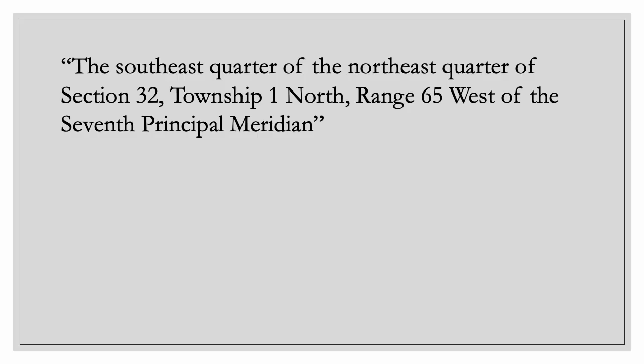So it contains 640 acres. And then sections can be subdivided into halves or quarters, like the northeast quarter, the southwest quarter, whatever. So like the southeast quarter of the northeast quarter of section 32, township 1 north, range 65 west of the 7th principal meridian. This is an example of it.